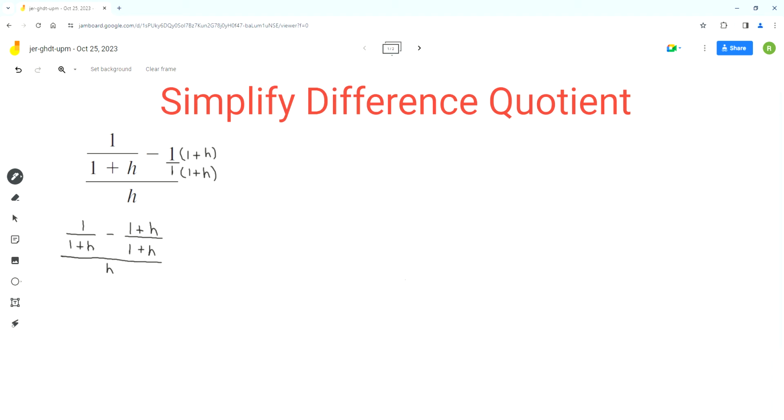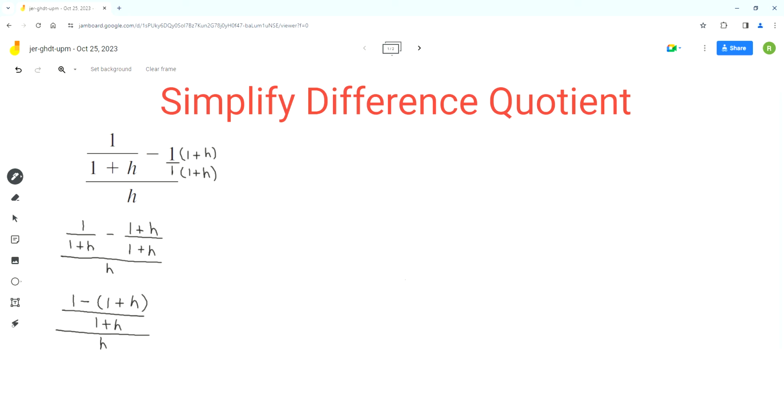Now we can subtract these two fractions because they have the common denominator. So in the numerator we get 1 minus (1 plus h), and then close the parentheses, over 1 plus h, which is the common denominator, over h.